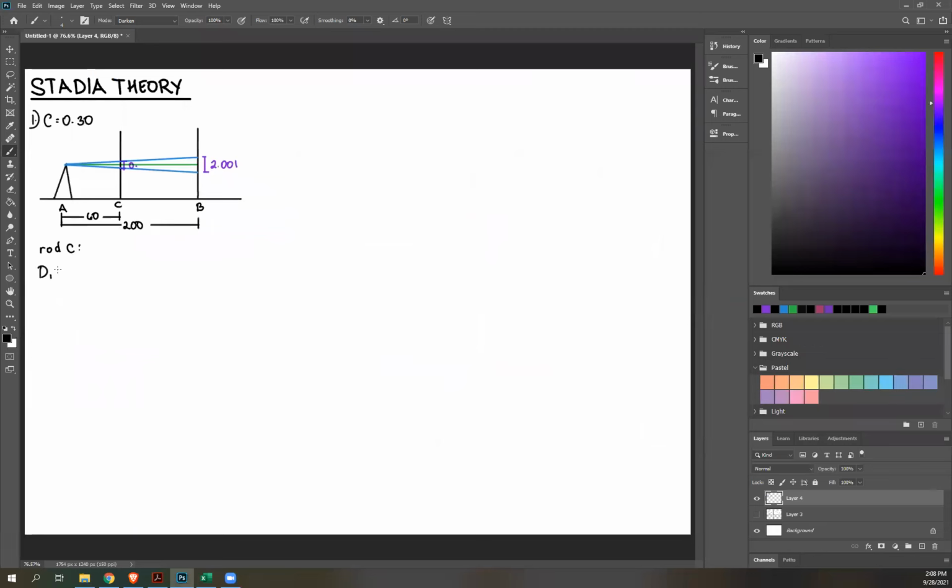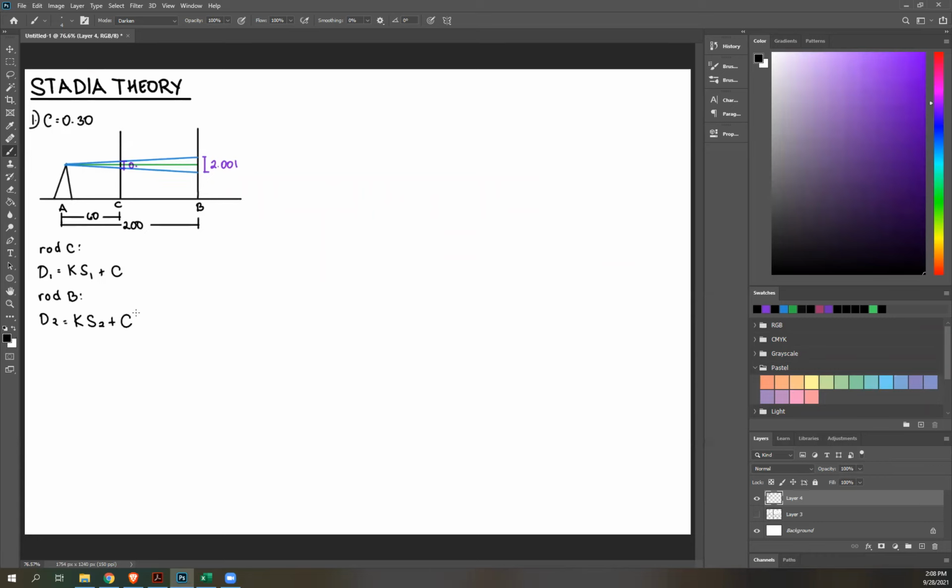D1 equals Ks1 plus C. K and C are constants. It doesn't change no matter which rod you're using. Therefore, that's just K and C. Okay. And then, using rod B, okay, so now that's D2. So this is D2 equals, again, K is the same, so that's a constant, times S2, stadia reading, plus C.